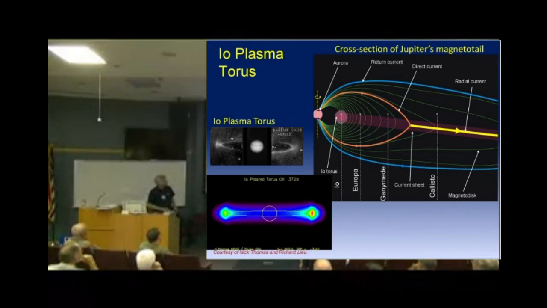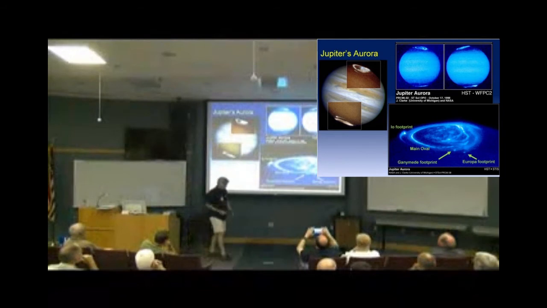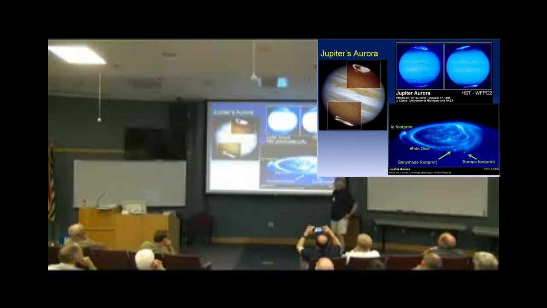at Jupiter. But this again just gives you a scale of where Io is in the torus and where the other Galilean moons are compared to Jupiter. So as I mentioned, aurora were discovered by Voyager in '79, and then this shows you some really nice Hubble images in ultraviolet light of the aurora.